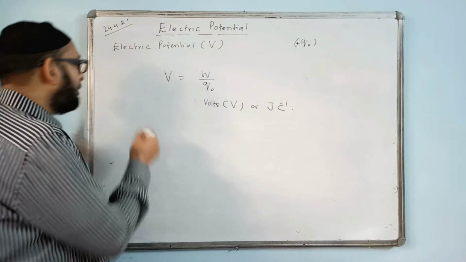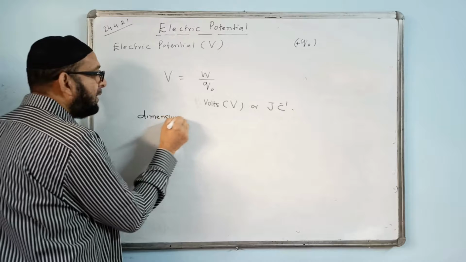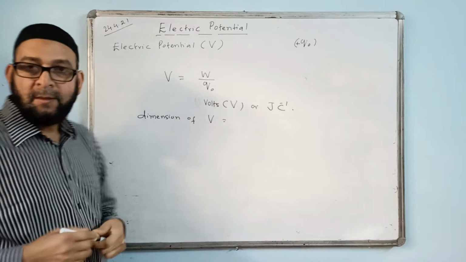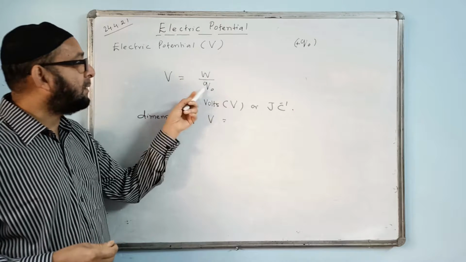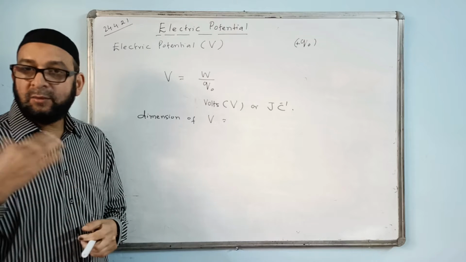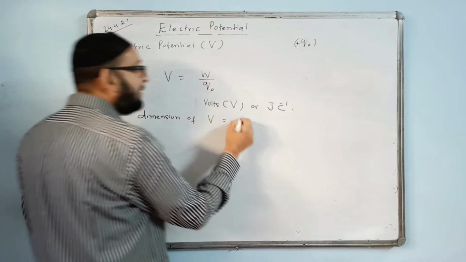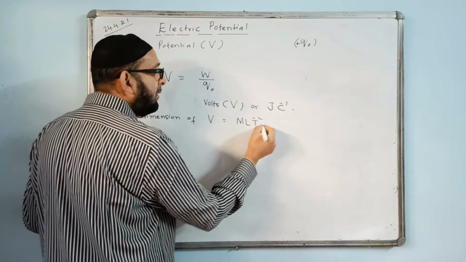Now we will find the dimension of V, the dimension of electric potential, its physical dimension. We can find that dimension using this formula. Work is force into displacement or force into distance. Force is mass into acceleration, so M L T minus 2.